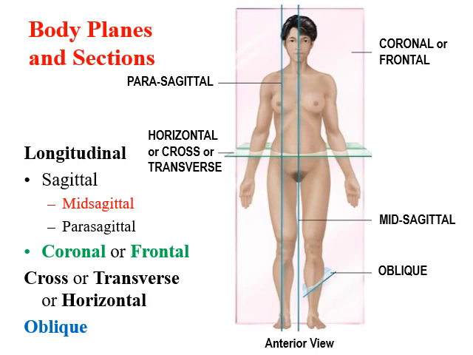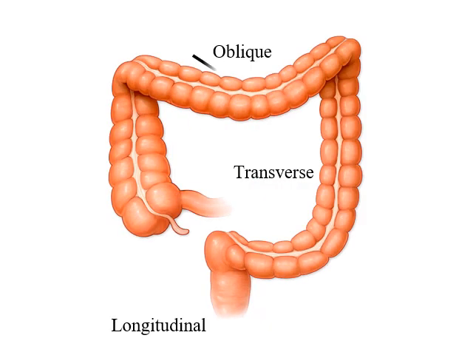Finally, you may want to cut the body or one of its parts at an angle. This kind of section is known as an oblique section. Oblique is from a Latin word that means at an angle. Here we're demonstrating all three sections using the large intestine.